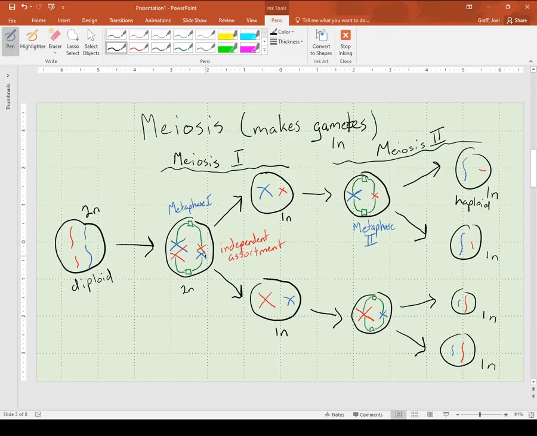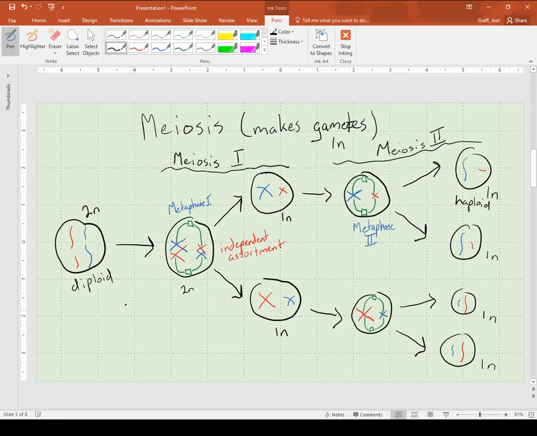I'm leaving out a lot, okay? I haven't drawn in S phase, I haven't drawn in gap 2, I haven't drawn in prophase 1, we've got metaphase 1, I haven't drawn anaphase 1 or telophase 1, and cytokinesis hasn't really been drawn out all that much. So I'm leaving out lots of steps.